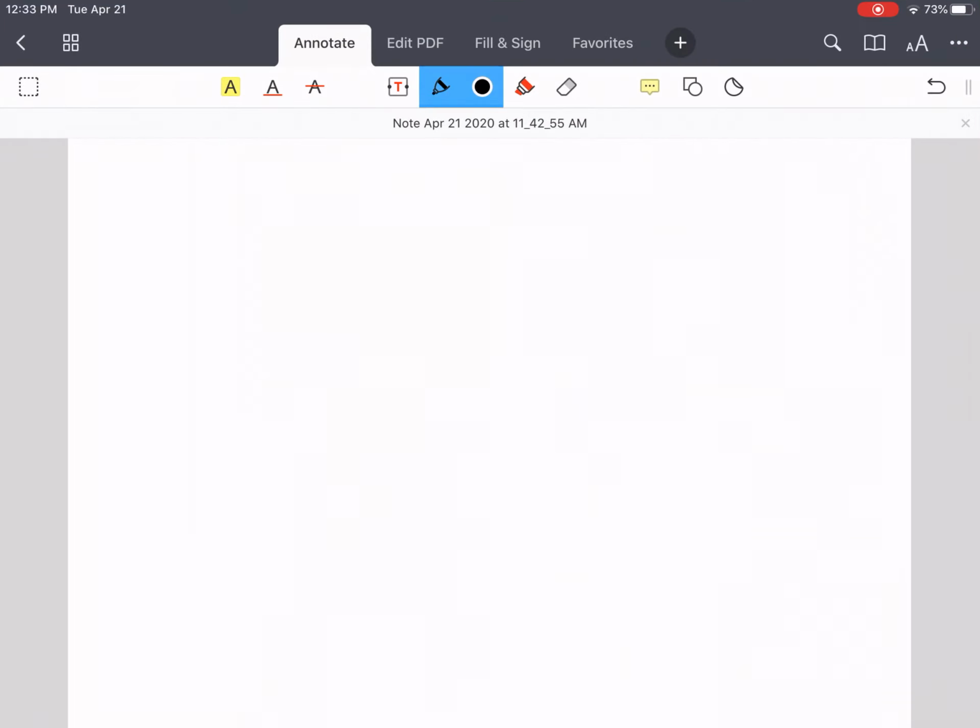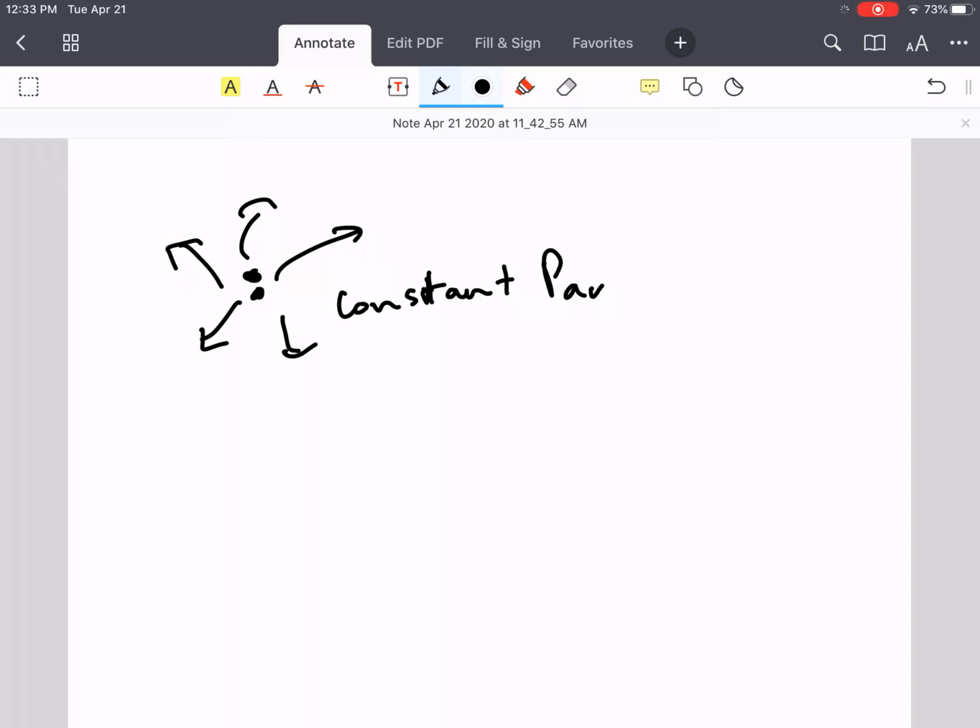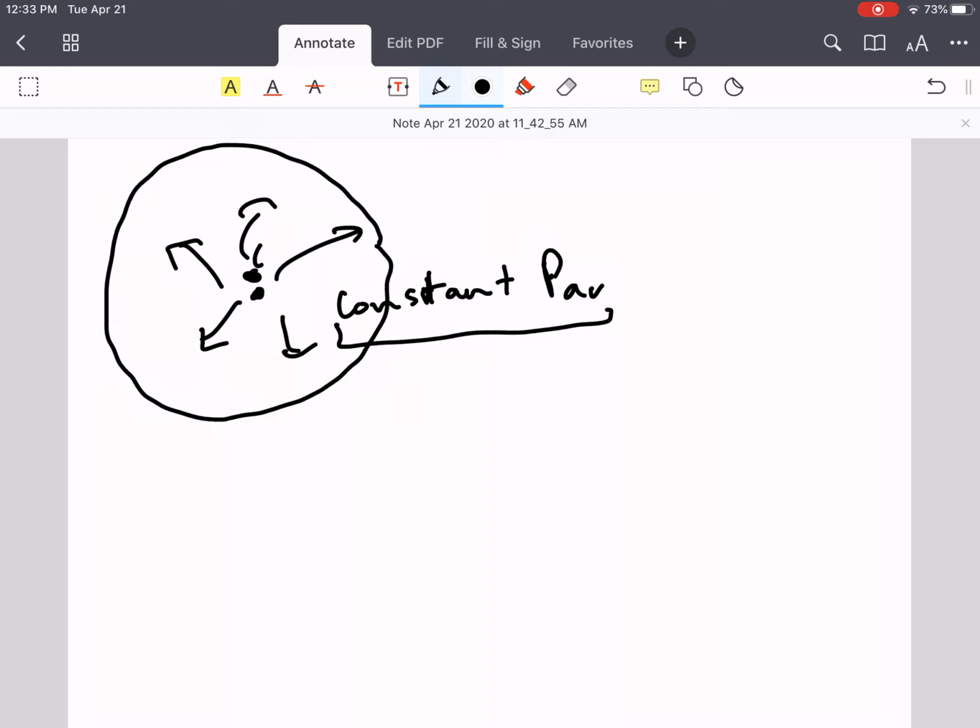So if here's my sun, it shoots off light in all directions at a constant power, or an average power, which let's just say is some number. So we don't have a formula for that. It'll be related to that formula I told on the previous slide, but we don't need to worry about that. And the question is, if I'm sitting at radius r away from the sun, how much of that energy hits me?